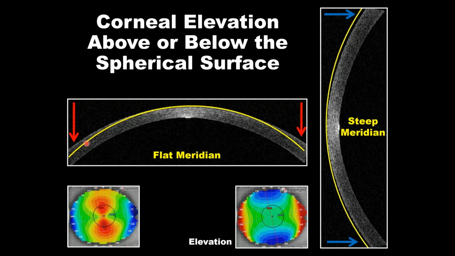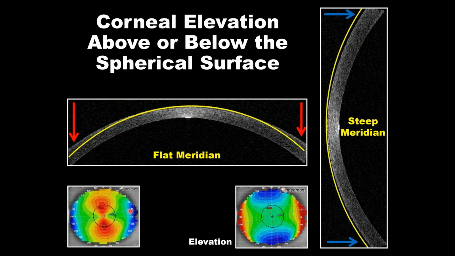Now where we would see red, that's where the tissue is above the reference surface. And that's what you're looking at here and here. The tissue elevation is high in relationship to the reference surface. Now that makes sense, doesn't it? Because we know that a rigid contact lens will virtually always bear hardest and bear first across the flat meridian of the eye, the meridian of least sagittal depth.